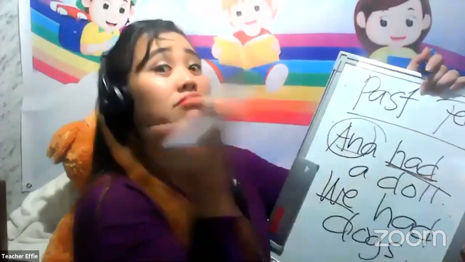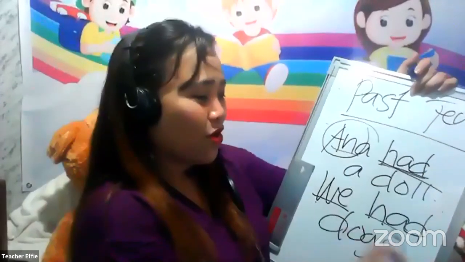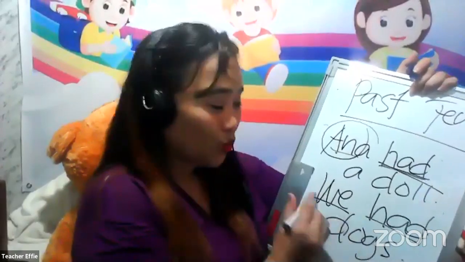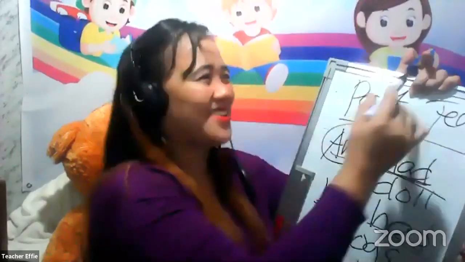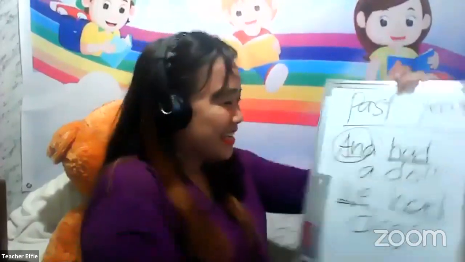I use we there, that is plural, but since I talk about a past event, I use had. We had. So singular or plural, we can use had. All right. It's just a matter of practice. Always keep in mind singular, plural, present time, and past time.